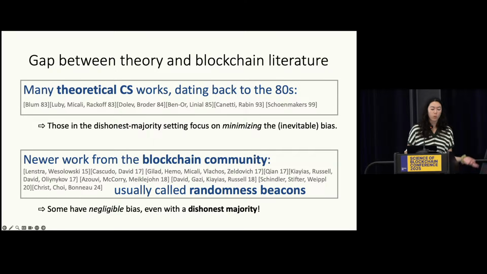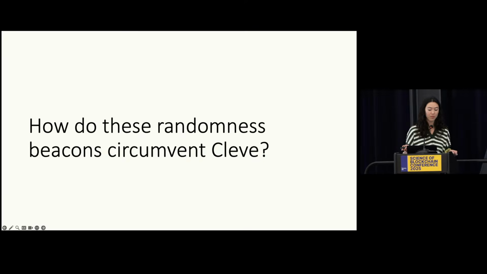So given what I just showed, this might seem impossible. Cleve shows that it's impossible to have negligible bias with a dishonest majority, yet these blockchain works achieve it. And they all have one trick in common that they use to circumvent Cleve's impossibility result. And this is a delay function.